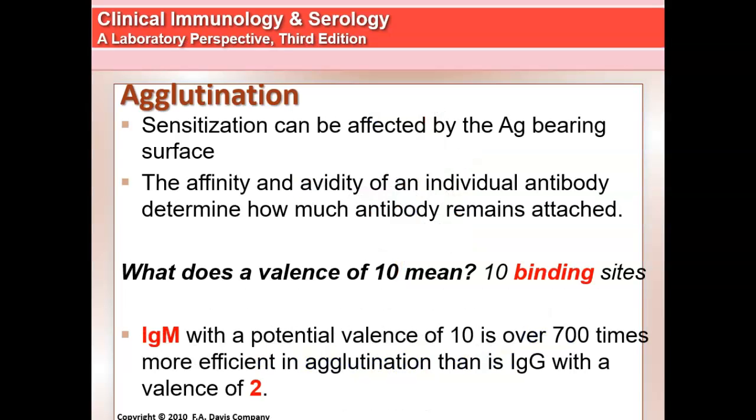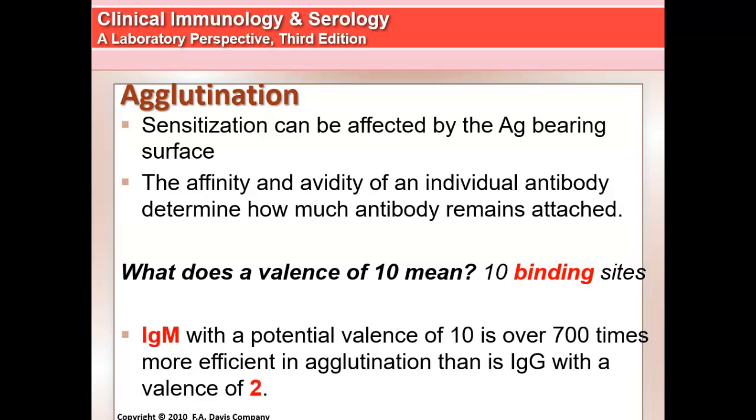In agglutination, sensitization can be affected by the antigen-bearing surface and the affinity and avidity of an individual antibody. That determines how much antibody remains attached. Now remember, back to the antibody structure and function chapter, what does a valence of 10 mean? That means that an antibody has 10 binding sites.